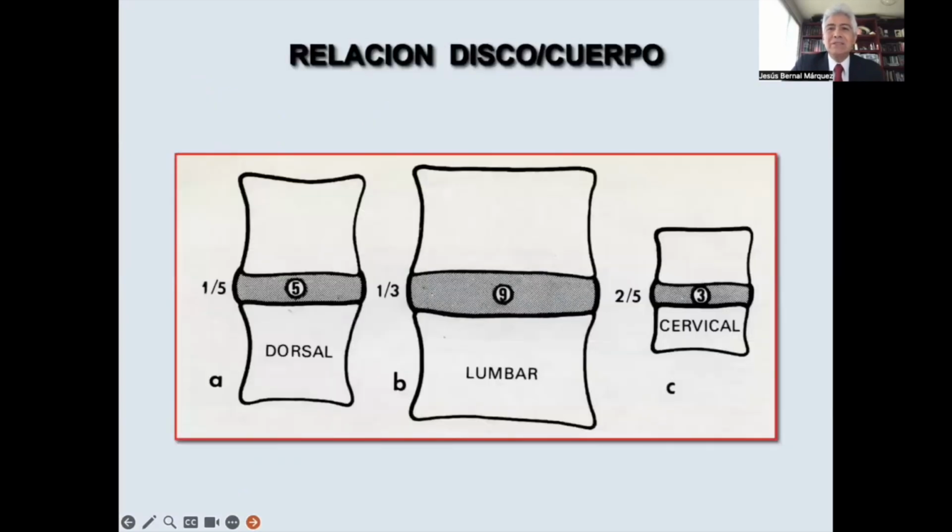Why is it more common to find herniated discs in the lumbar region than in the dorsal region? Well, in the dorsal, thoracic region, the disc to vertebral body ratio is 1:5. That is, they are very small intervertebral discs in relation to the vertebral body. Furthermore, the thoracic vertebral bodies have greater stability thanks to the rib cage, ribs, sternum, and clavicle, which allows practically absolute stability here.